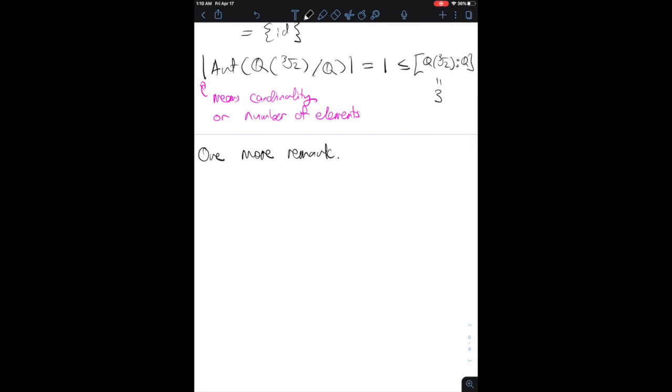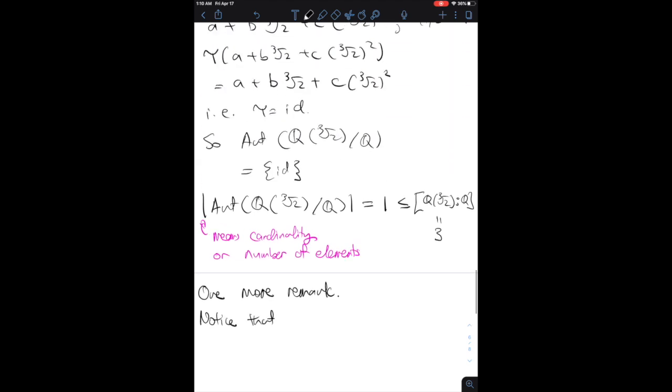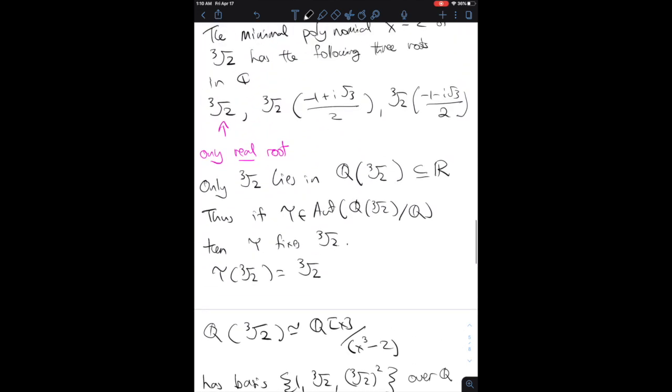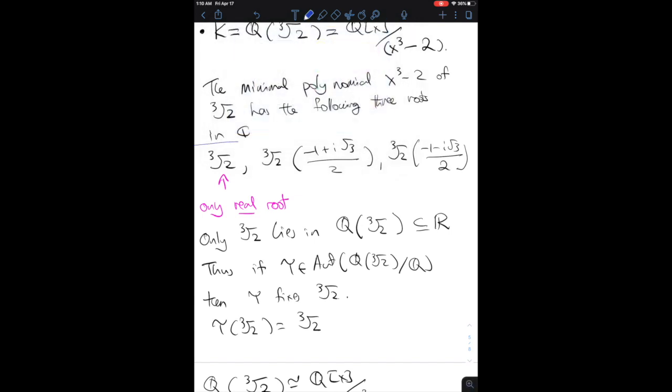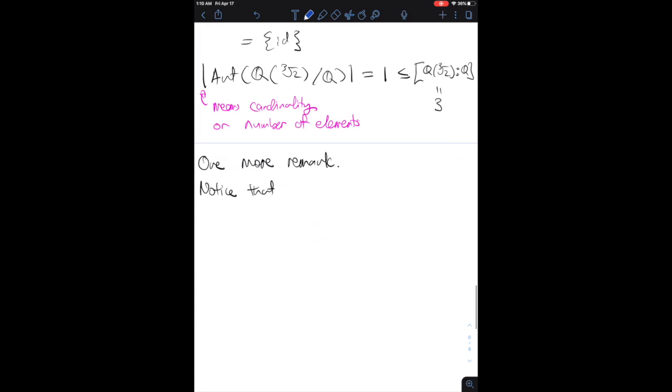Okay, so let me just make one more remark about this. Notice that if I want to get all three of these roots into the same field, then it's not just enough to attach the real root to the rationals.